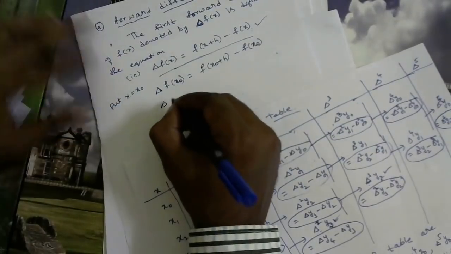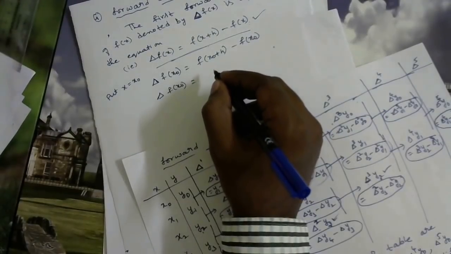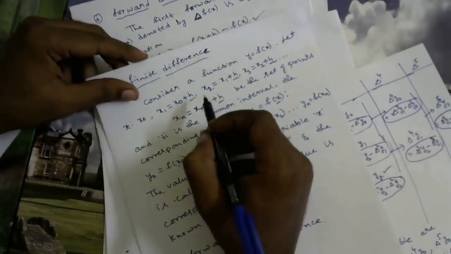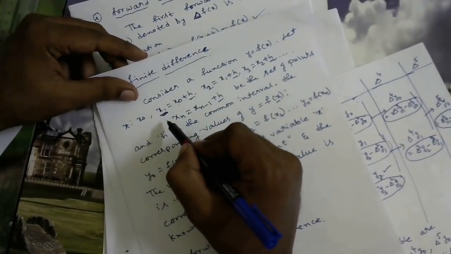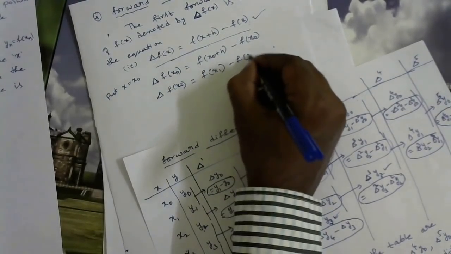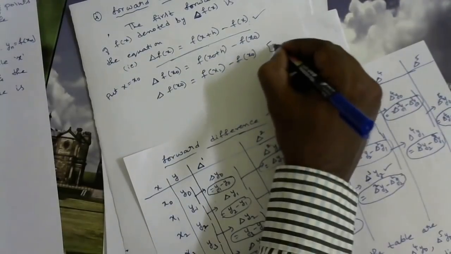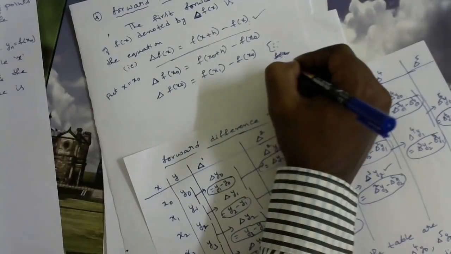Here x naught plus h can be written as x1, so this becomes f of x1 minus f of x naught.